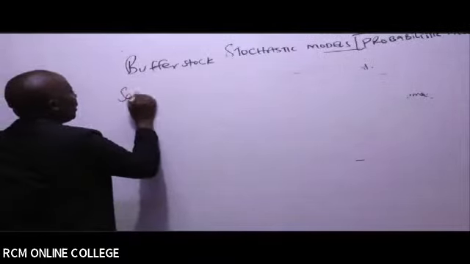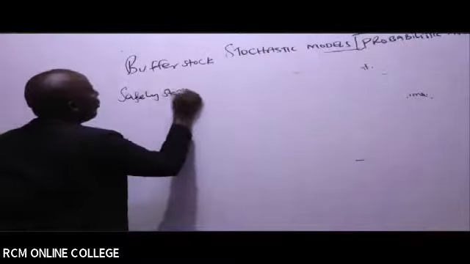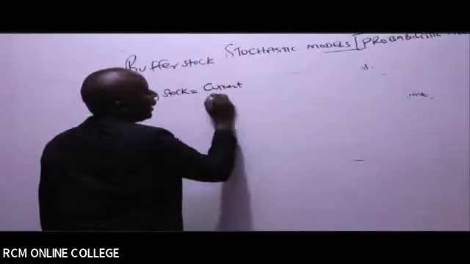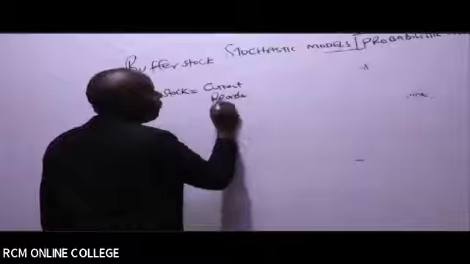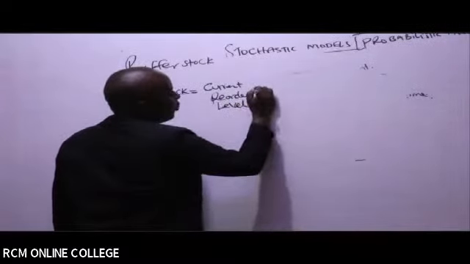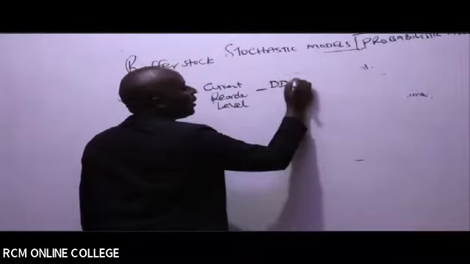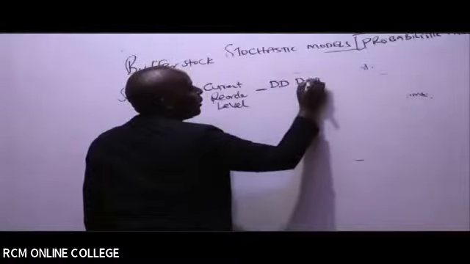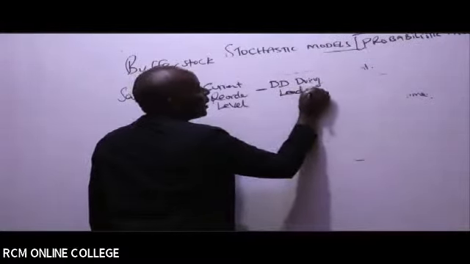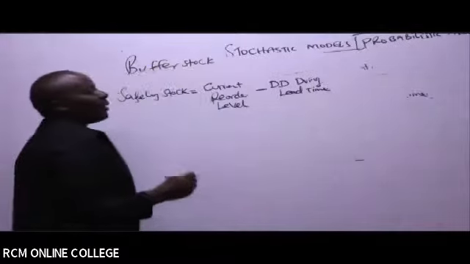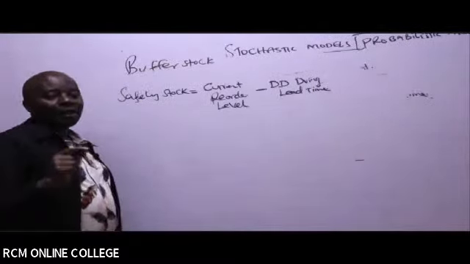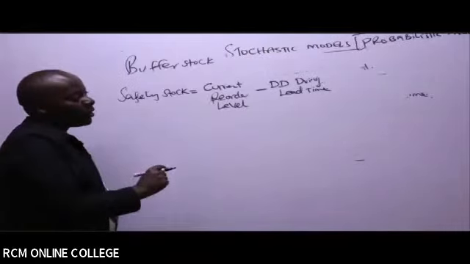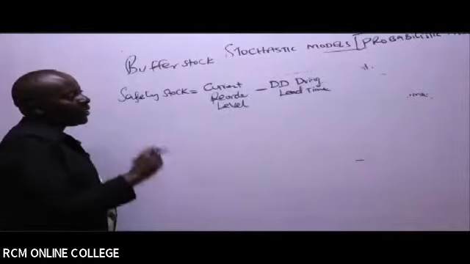Our safety stock will be equal to the current reorder level, minus the demand during lead time. So anytime you want to get the additional units, you shall take the current reorder level, minus the demand during lead time.